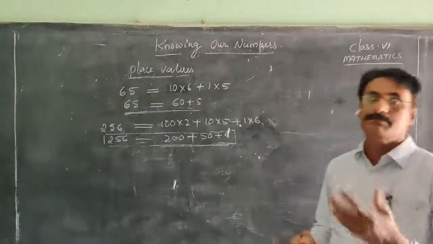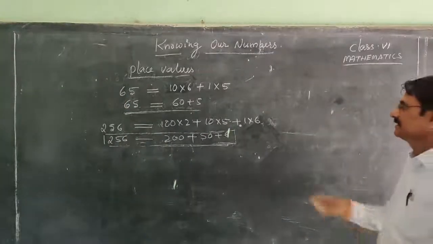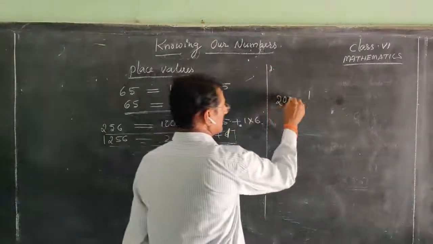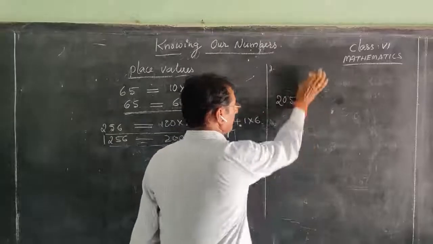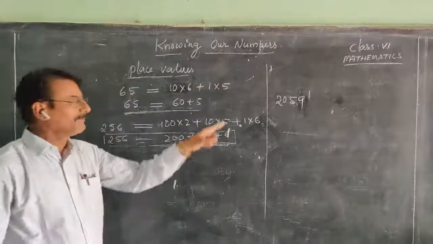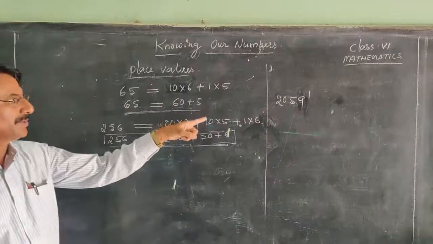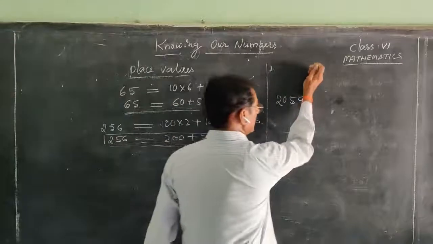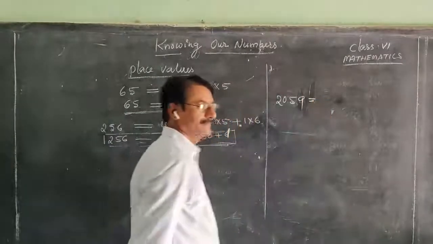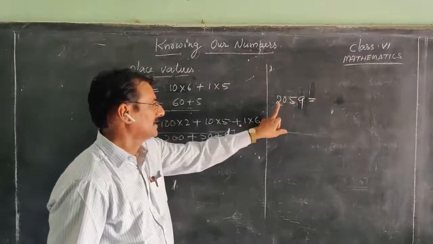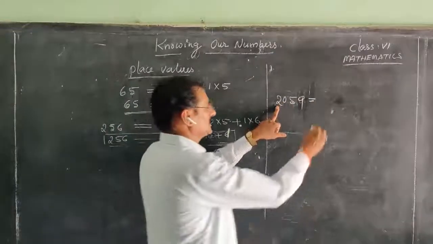There may be a 0 digit in some places. See this example, 2,059. How to expand it? In the thousands place there is a digit 2.